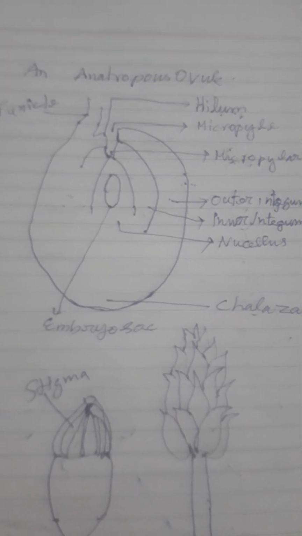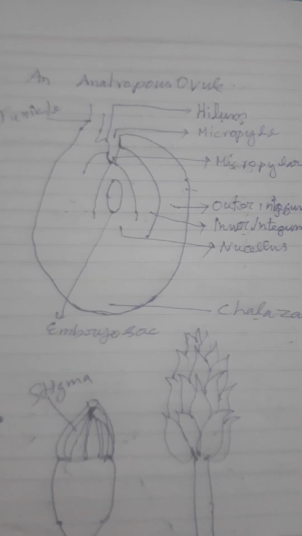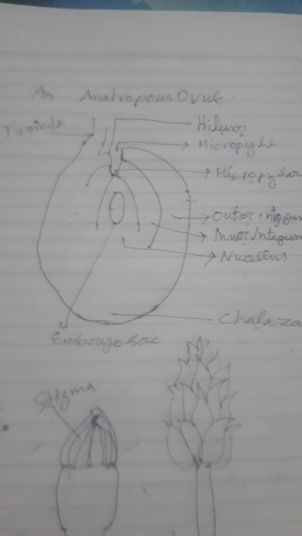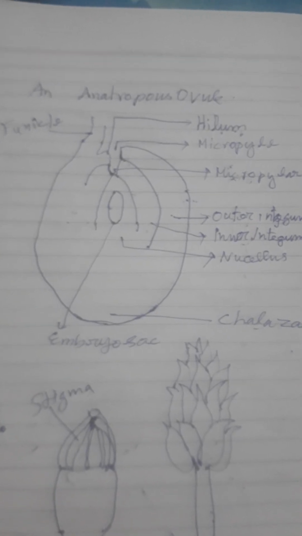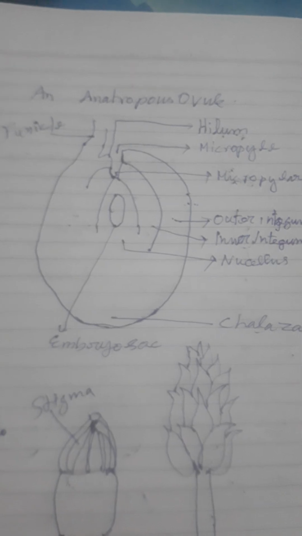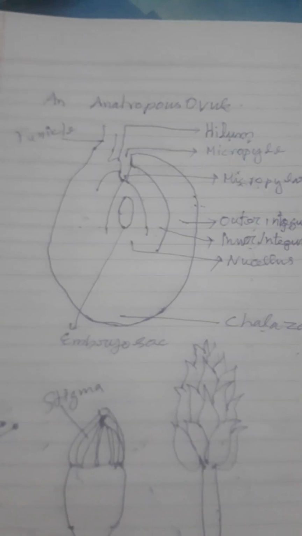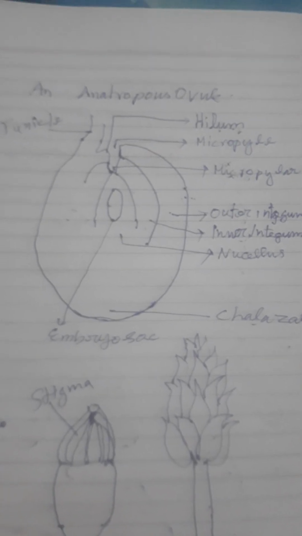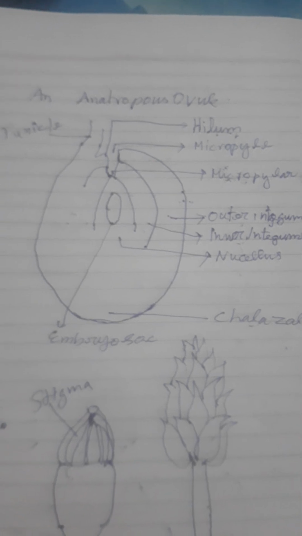Now, the two polar nuclei change into the nutritive tissue, that is the central nucleus, and the 3 antipodal cells degenerate and the 2 synergids also degenerate.